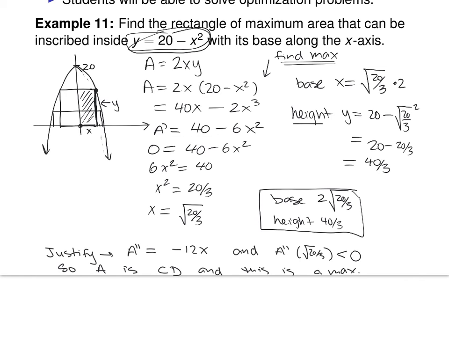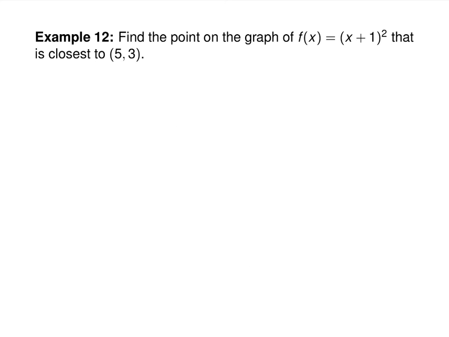Okay, find the point on the graph f of x equals x squared plus 1 squared, that's closest to the point 5, 3. So for this, you have to know the distance formula. What is the distance formula?